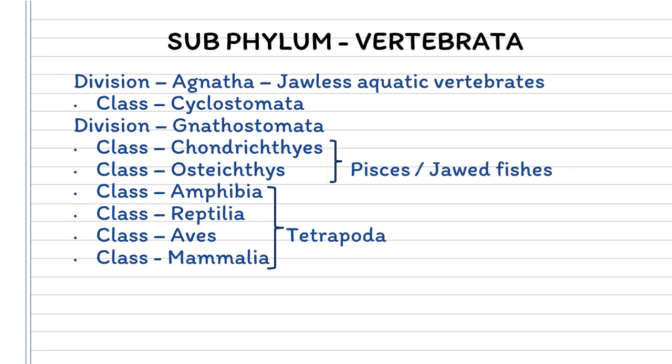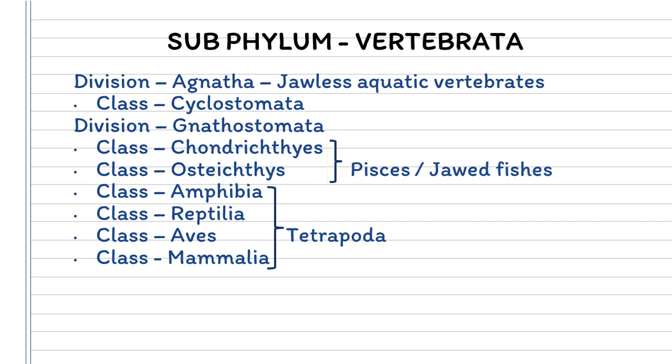Vertebrates means it consists of a vertebral column. Jawless means there is no upper jaw or lower jaw present in these animals. That type is known as Agnatha. So the class Cyclostomata belongs to the division Agnatha.